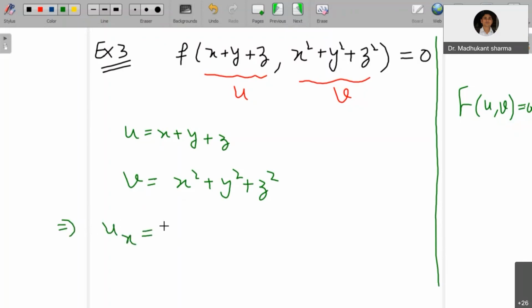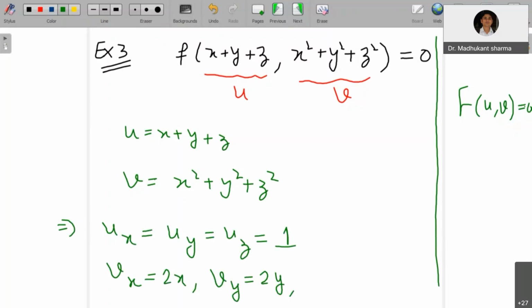So from here you have every piece of information. Ux, Uy, and Uz: these three values are 1. That's very clear, partial derivatives. Vx is 2x, Vy is 2y, Vz is 2z.